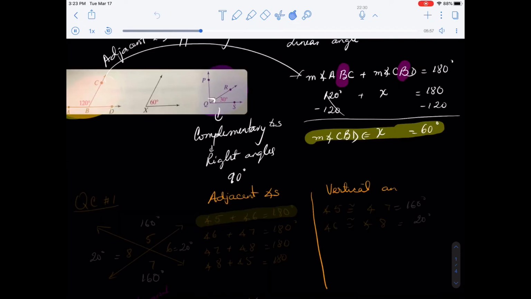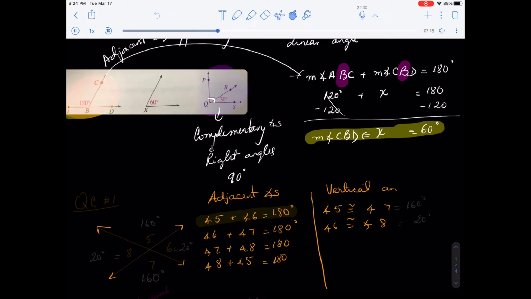If two straight lines are intersecting each other, I can say, let's say angle 8 is 20 degrees. If angle 8 and angle 6 are vertical angles, they both measure 20 degrees. So this right here is 20 degrees, okay? And then over here, we said that angle 6 and angle 5 add up to 180.